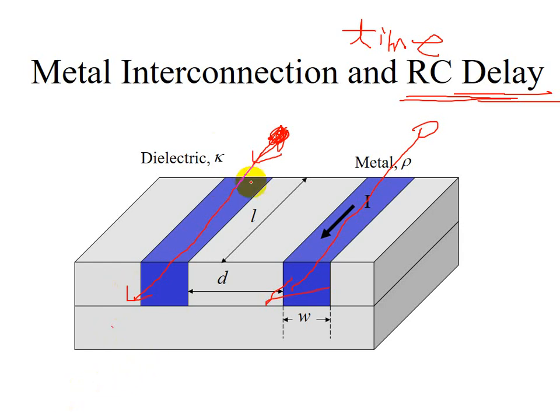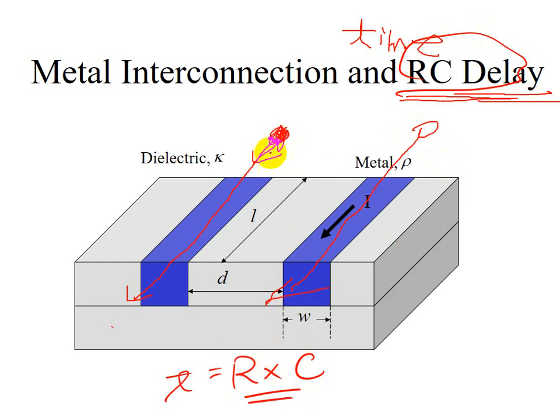In that case, the time delay is equal to so-called R times C. We call it RC delay, because the time delay between the consecutive signals will be the resistance of the conducting wire times the capacitance of the insulator materials here.